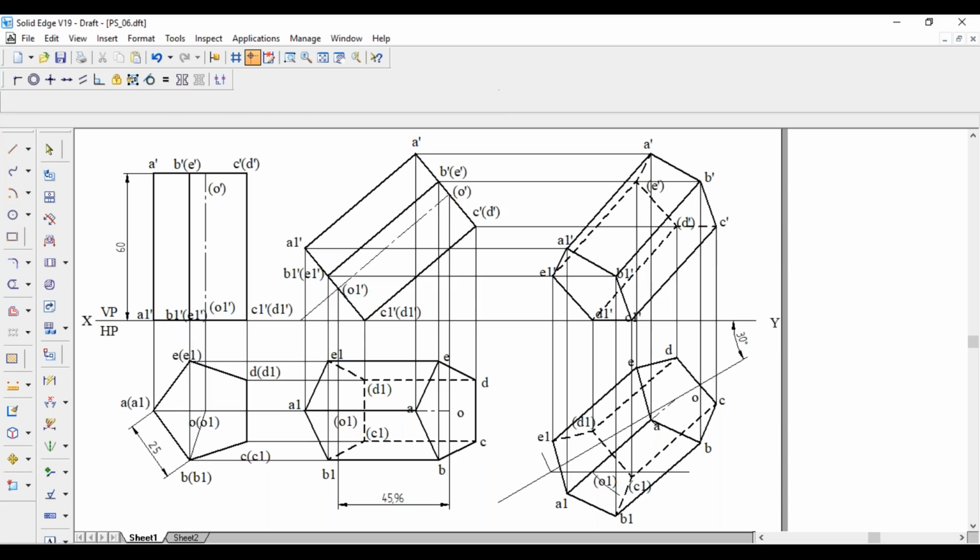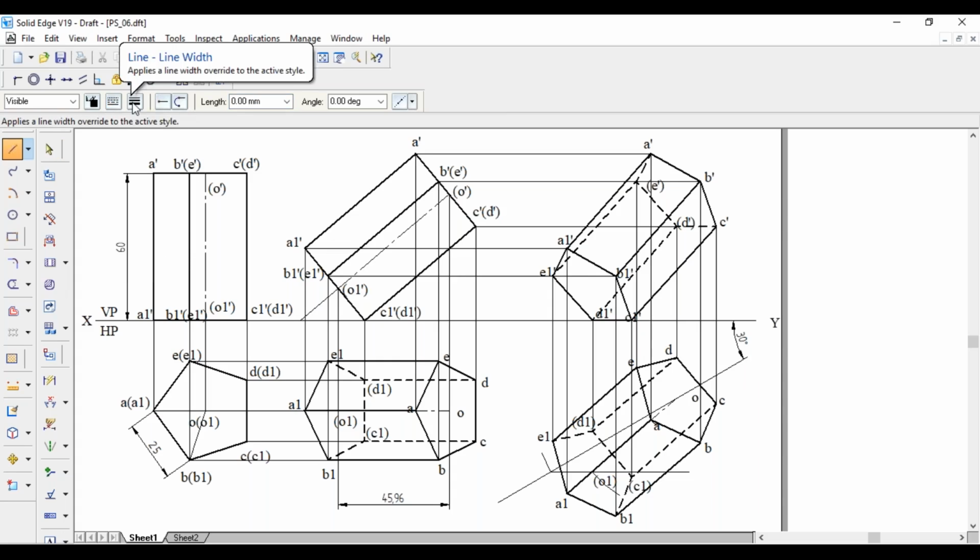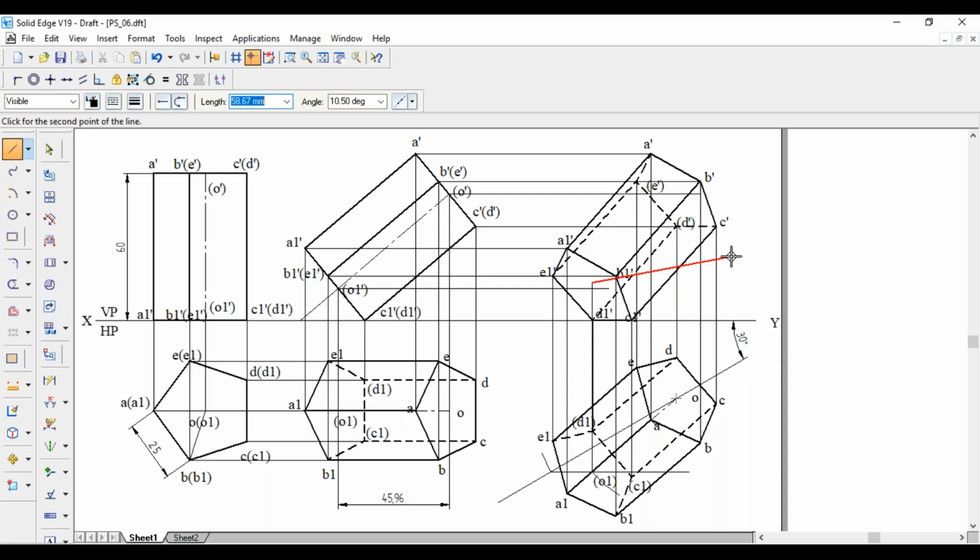For the axis line, from O dash, O1 dash, draw horizontal line. Similarly from O dash, from O1, draw vertical line. Similarly from O, draw vertical line.